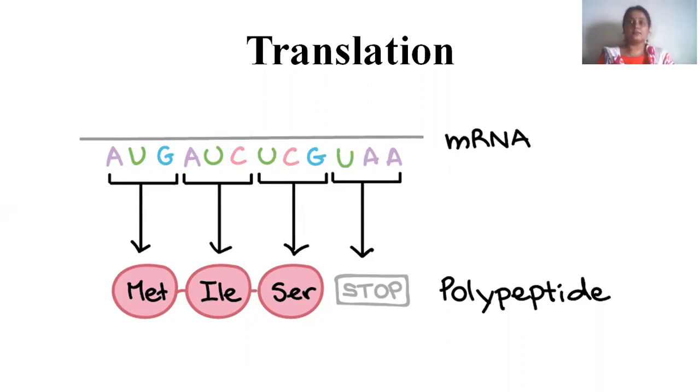Now, before concluding the session, I just want to explain the role of ribosomes. The 16S subunit of the 30S ribosome has a function: it is responsible for binding with a leader sequence, the Shine-Dalgarno sequence. Now, what is a leader sequence? During transcription, the first nucleotide sequence that is going to be transcribed is known as a leader.